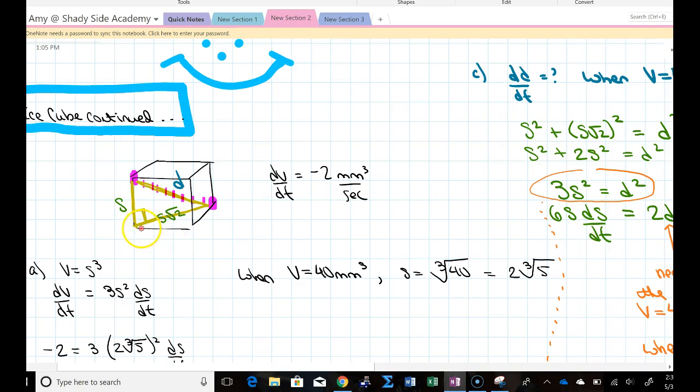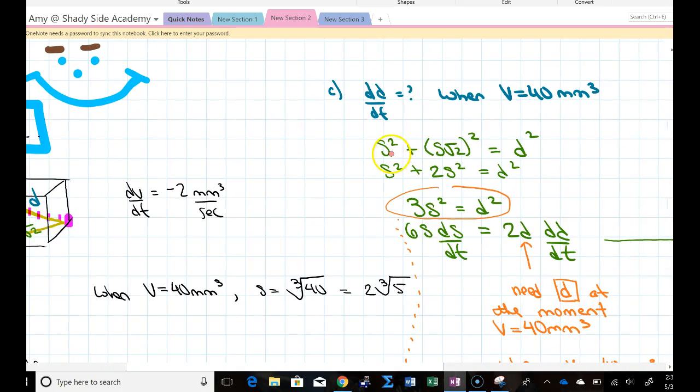If we look at the base of the ice cube, this length is S, this length is S. That means this triangle down here has to be a 45-45-90, and a 45-45-90 has the ratio of sides S, S, S root 2. And S squared plus (S root 2) squared equals D squared by the Pythagorean theorem.